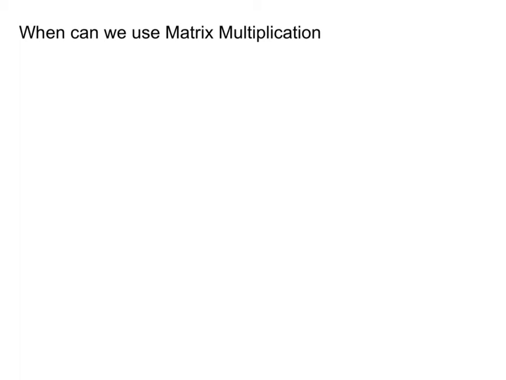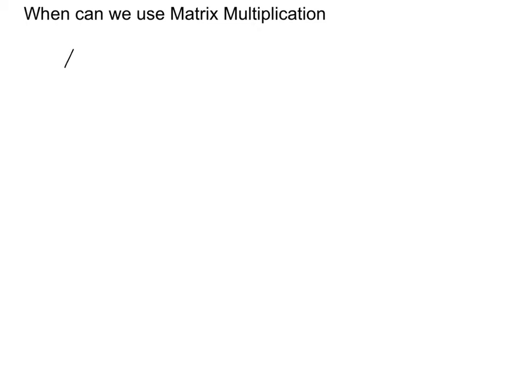So if we had matrix A times matrix B, then in order to multiply the matrices, the inner dimensions have to match.